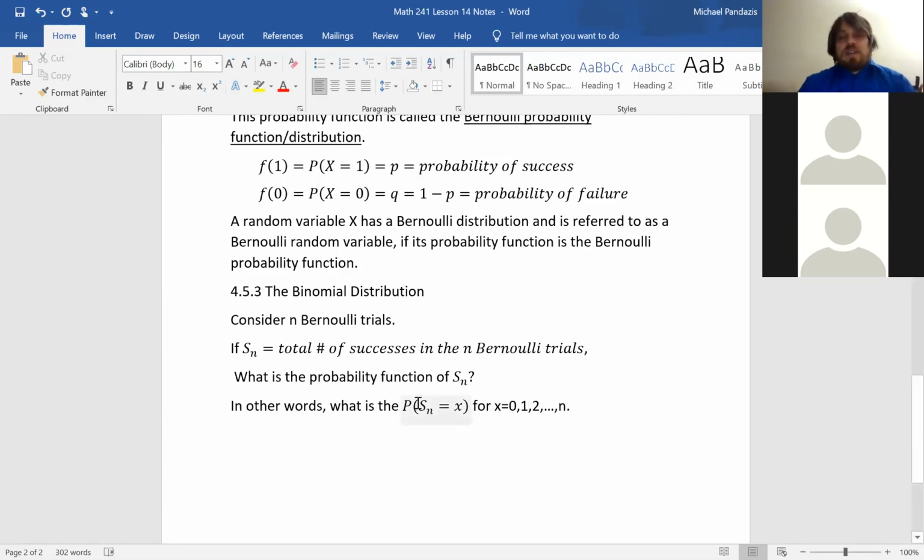So little x are values, and it's not the capital X, the Bernoulli random variable. Little x is the notation used to just represent values, in this case, 0 to n.